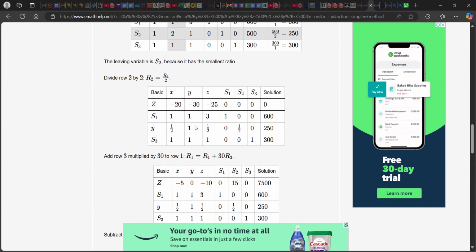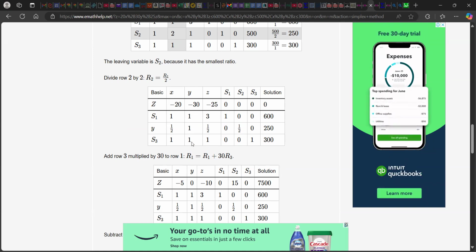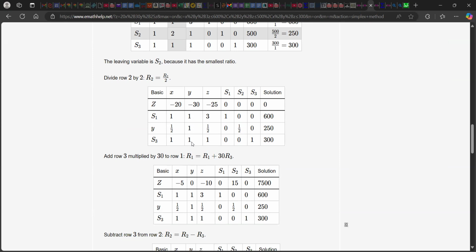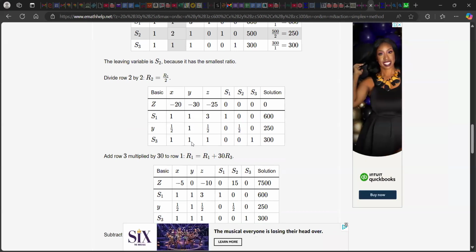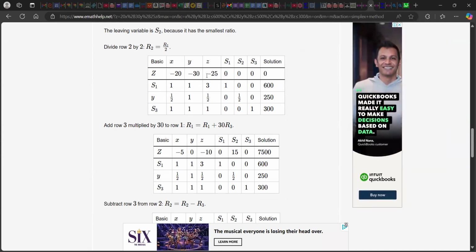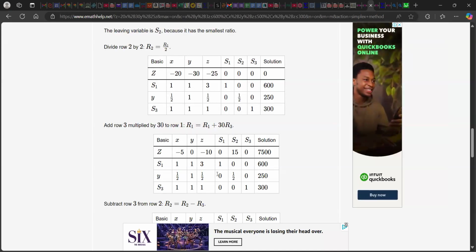The whole process from here onwards is to make this minus 30 and this one into zeros using row operations, right? So starting with that minus 30, let's see if we can get a 0 there. How do we do it? Notice what they see. Take your pivot row, multiply it by 30, and add it to this row 1.